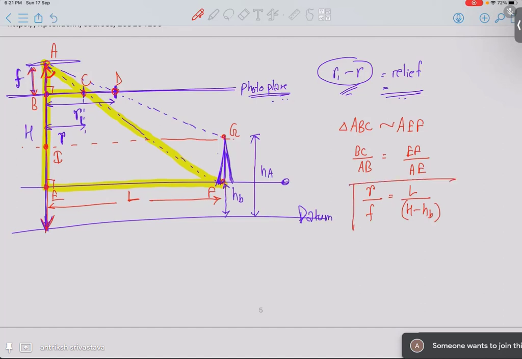So this is for R. Now if you do the similar thing for the top of the tower, we have triangle ABD similar to triangle AIG. You will get R1 by F is equal to L by H minus HA. So is that clear?